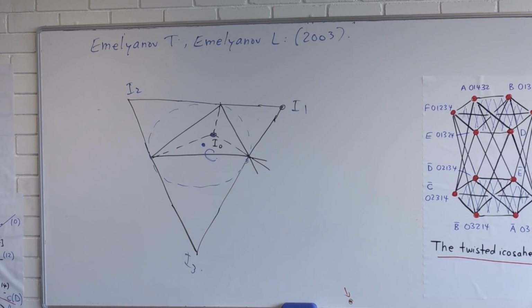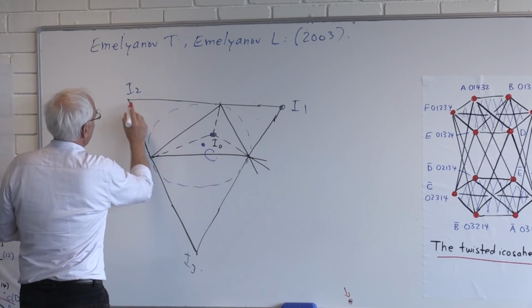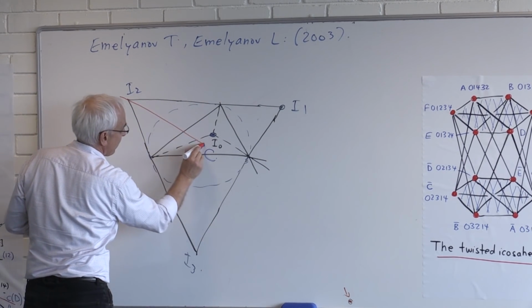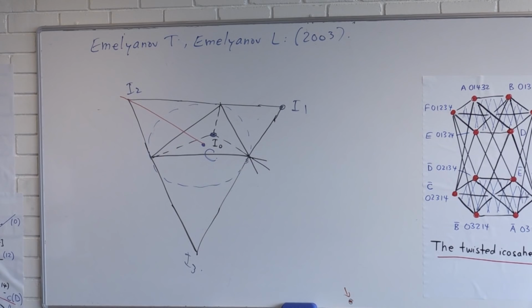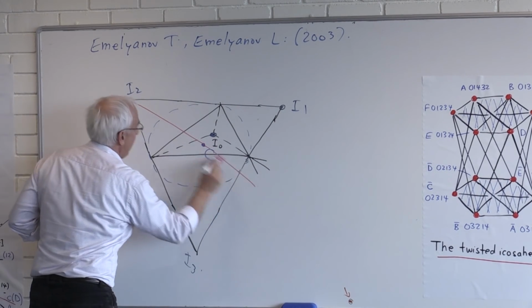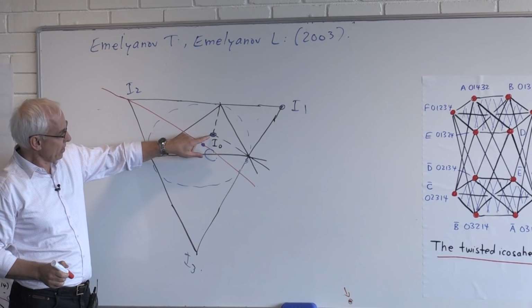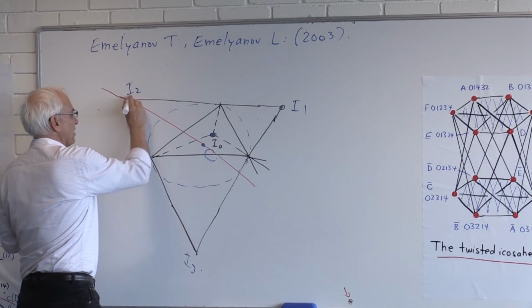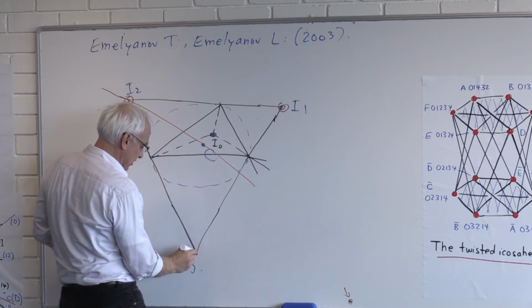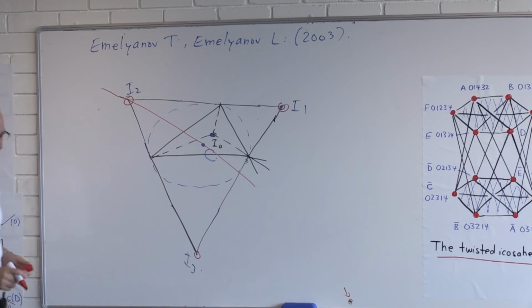Okay, so they said, let's do the following. Let's connect each one of these with the circumcenter, forming a line. We're going to ignore I0 partially and just use I1, I2, I3.